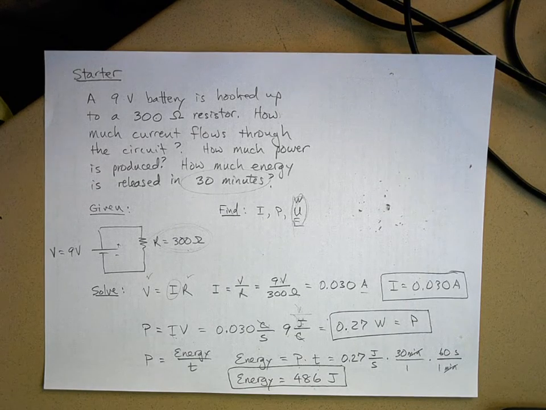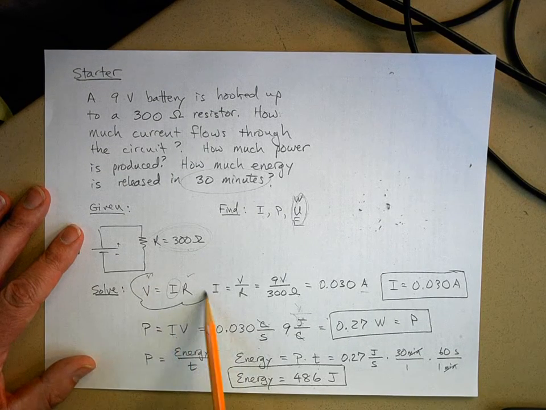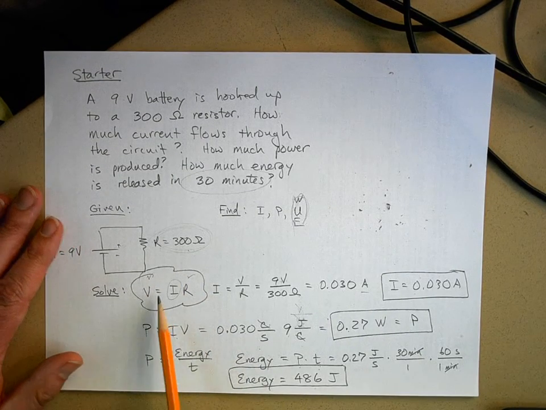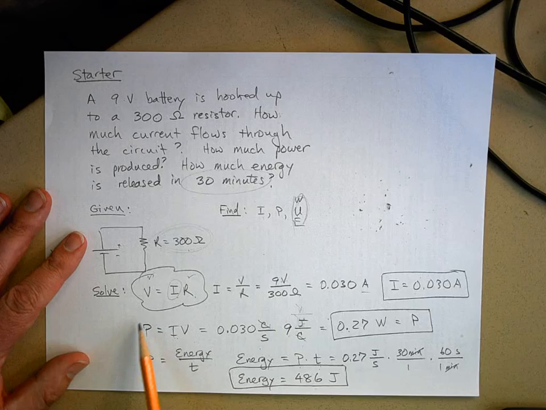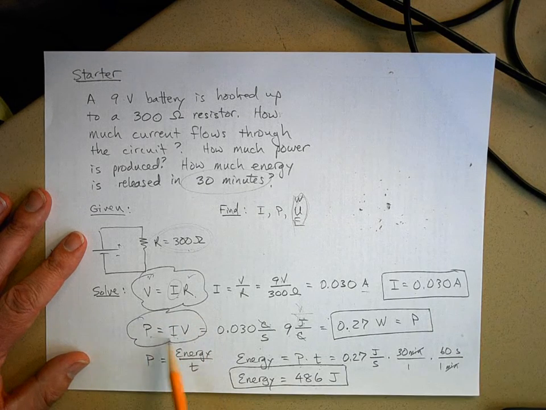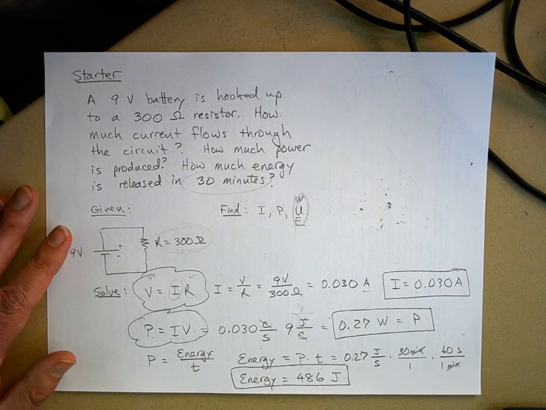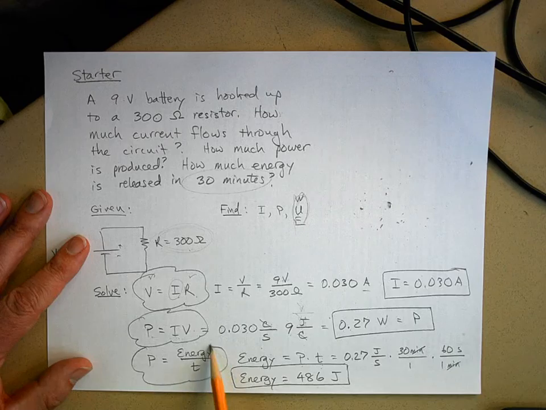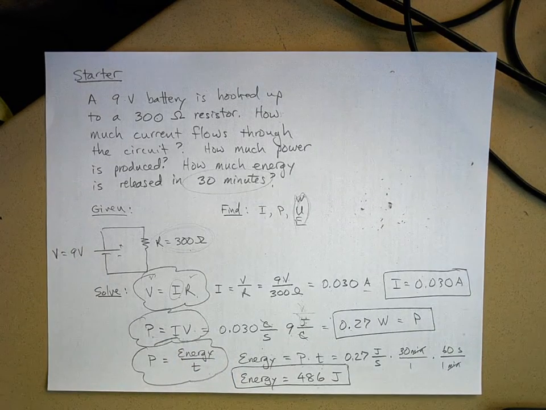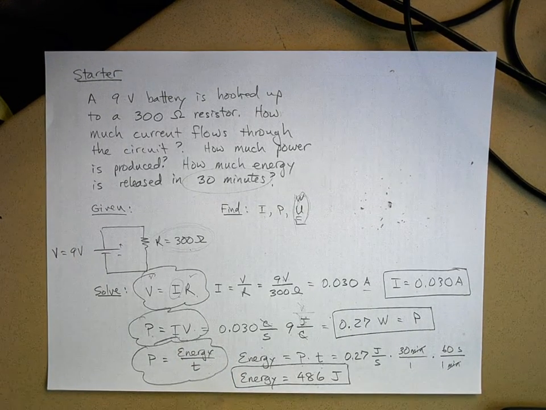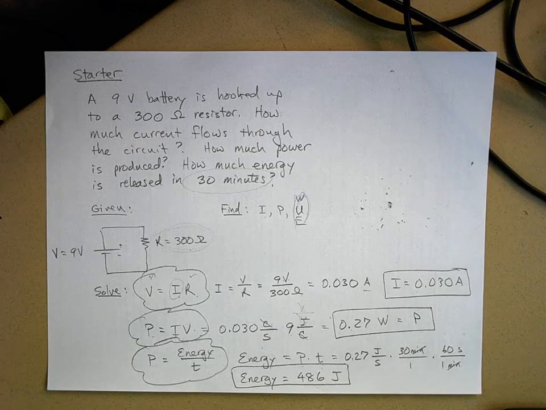So, what are the big ideas here? Ohm's law gives you the relationship between voltage, current, and resistance. Power equals current times voltage. And power equals energy over time. And the reason I just wrote the word energy out is because there are lots of different ways of expressing energy.